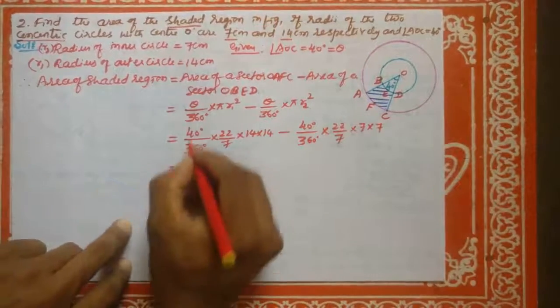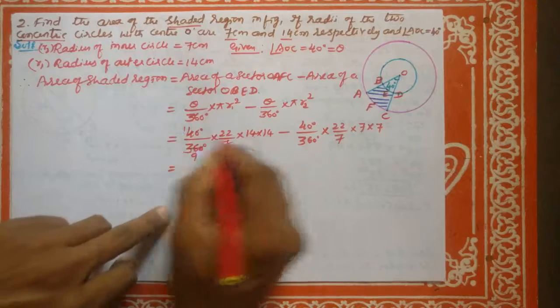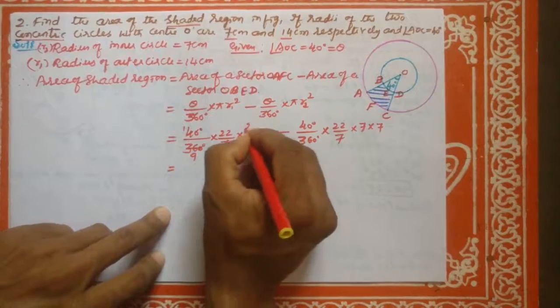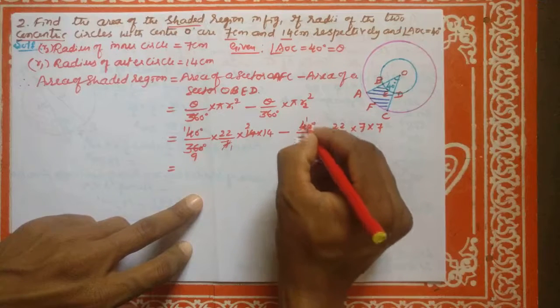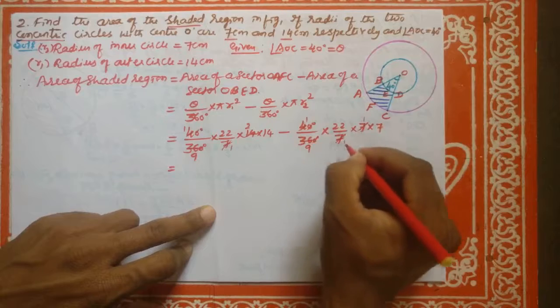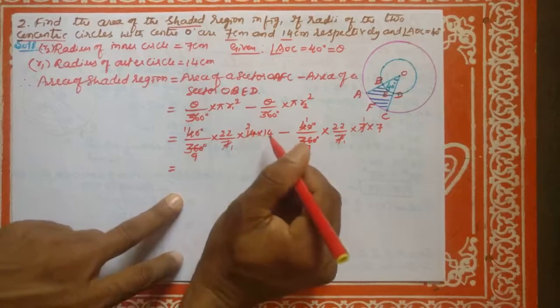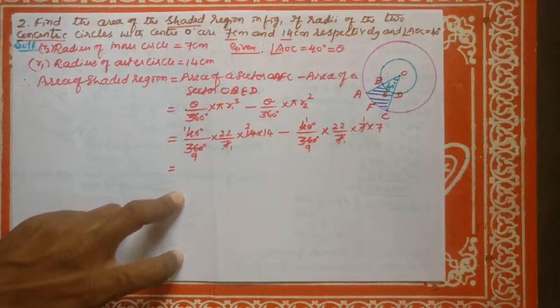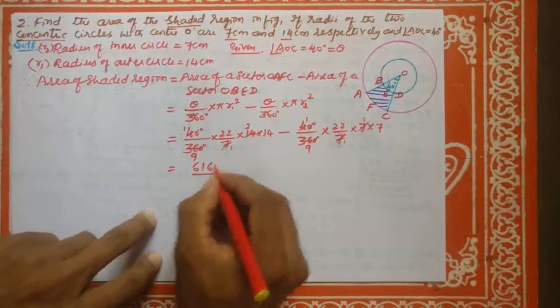Therefore the zeros get cancelled, 4 1s are 4, 4 9s are 36, 7 1s are 7, 7 2s are 14. Here also the same, and 7 1s get cancelled. Therefore 22 2s are 44 into 14, which is equal to 616, 616 divided by 9.